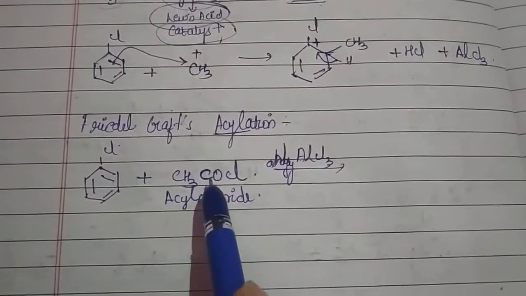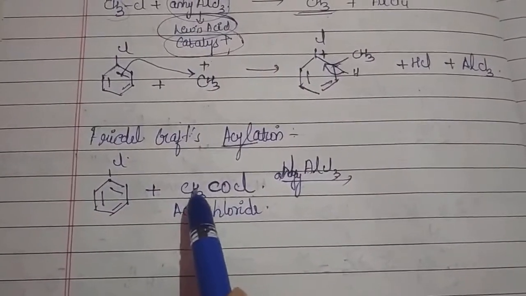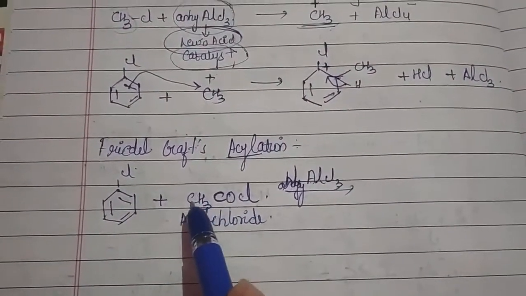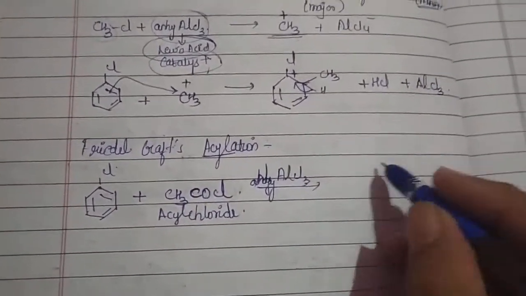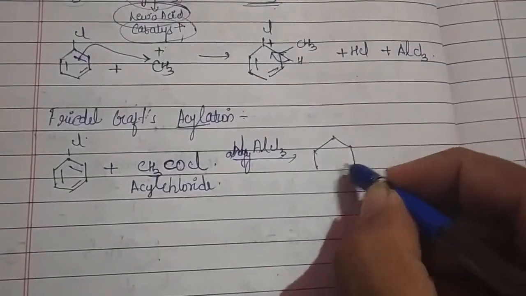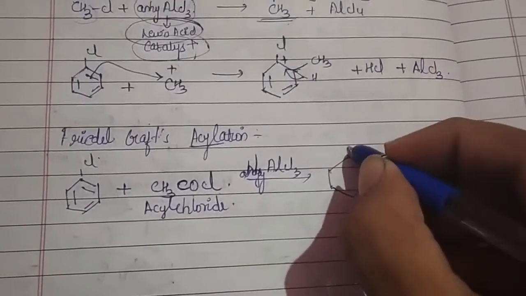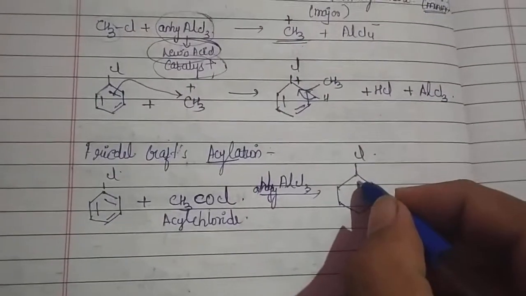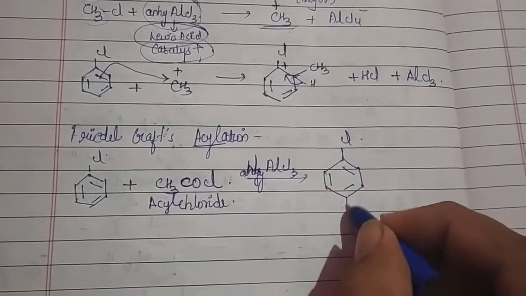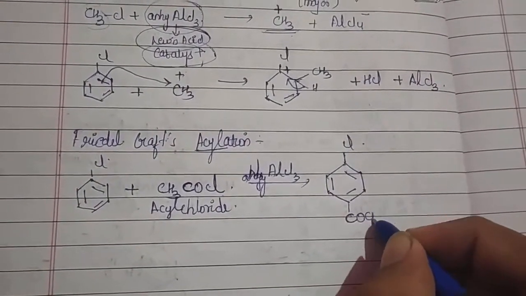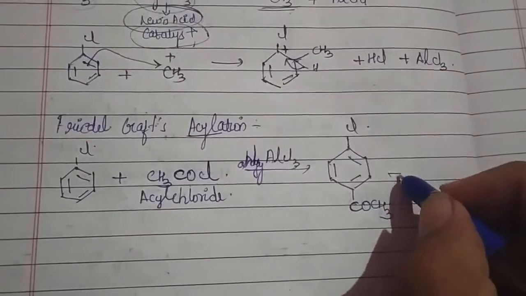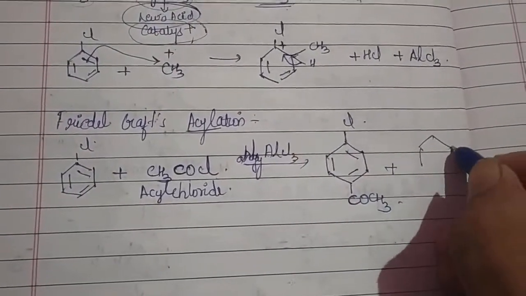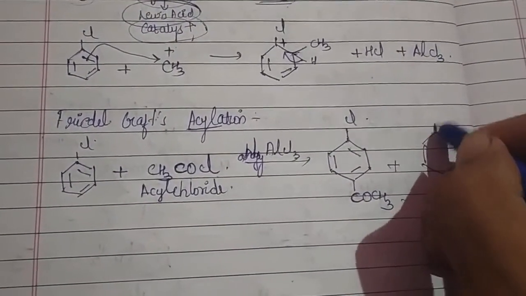But now the question arises, where will the positive charge be, on this carbon or this carbon? Do remember, when I am writing the product, you will get a hint. Then we will look at its mechanism also, which will be additional information. So now here you will get COCH3. I hope you have come to know on which carbon the positive charge is. Similarly, Cl, COCH3.